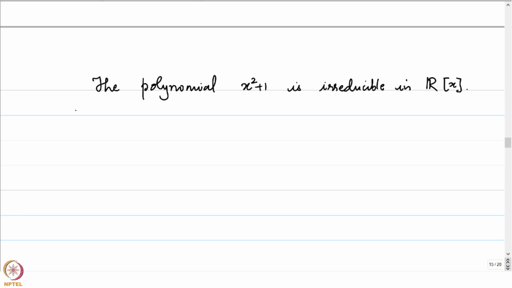More specifically, x square plus 1 is hence a prime element. Recall what a prime element was. In a ring A, P is defined to be a prime element if whenever P divides AB, the product of two elements A and B in the ring, P either divides A or P divides B. That is the definition of a prime element.